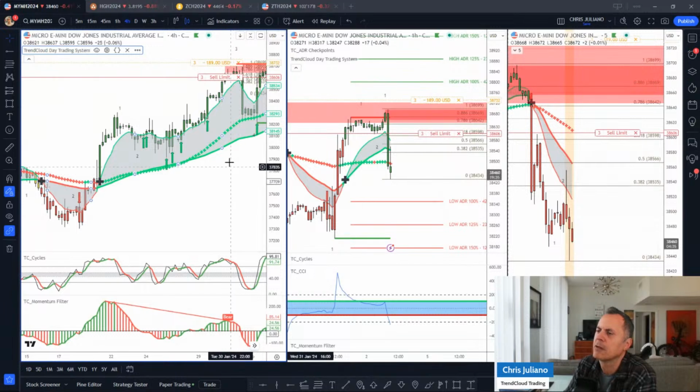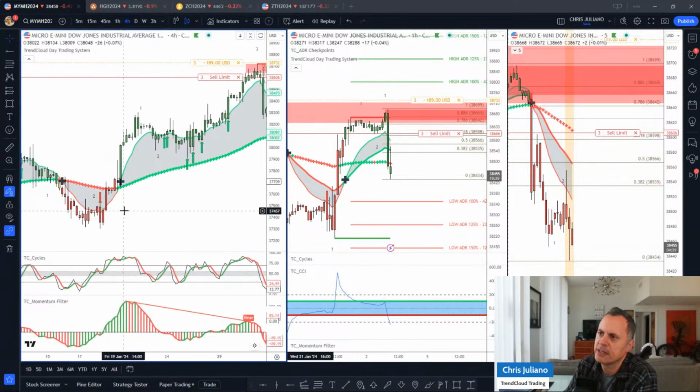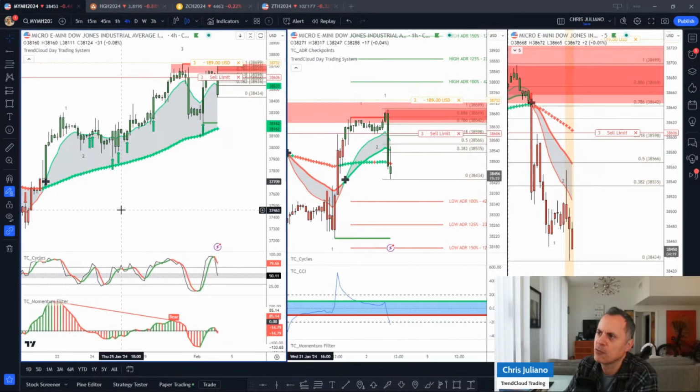And let's see. There you go. So this is what Brandon is doing. Crossover of the 8 and the 89. He's waiting for a pullback to touch the 89 for that entry.